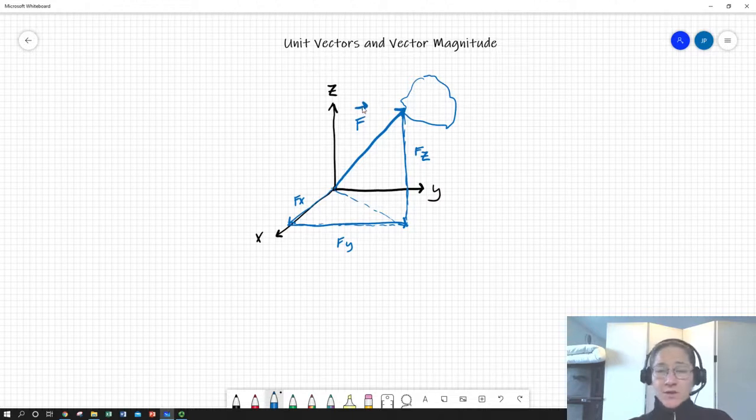That's one way a vector's components can be described, as any collection of other vectors that add up to the original one. They also need to meet a rule that we'll derive here, which is that they will follow the Pythagorean theorem, and in their magnitudes they will add up as the square root of the sum of the squares. So we're also at this point going to define a unit vector.